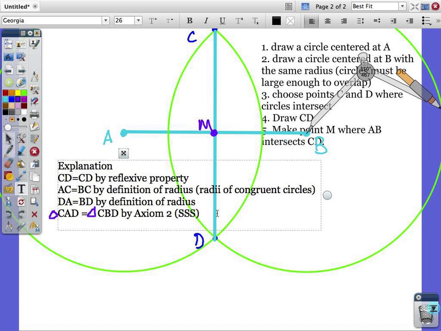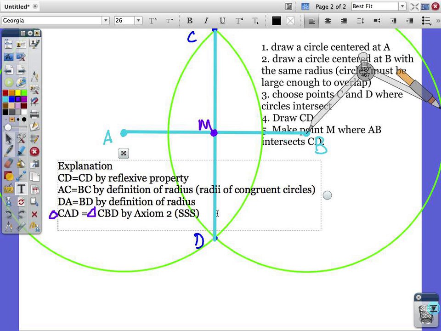Now, remember that we want to prove that this side, AM, is congruent to this side, BM. So we looked at this overall triangle situation, and now we know that angle ACM is congruent to angle BCM by CPCFC, because we showed that the whole triangles were congruent.